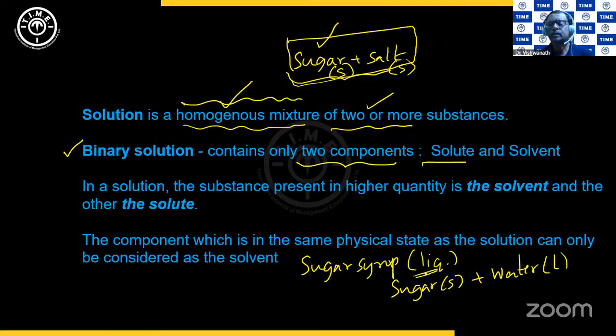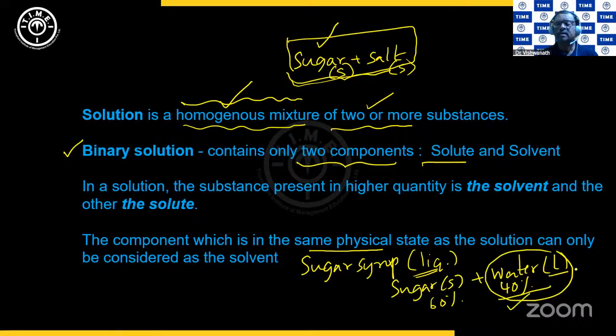You'll be surprised to find that the water part is only about 40%, and sugar is 60%. Still, it is having the same physical state as water. So water becomes the solvent. Though water is to a lesser extent, the physical state of water matches with the physical state of the solution.